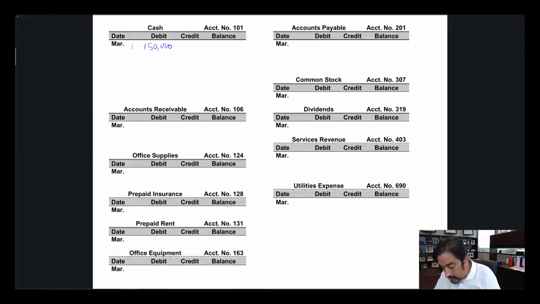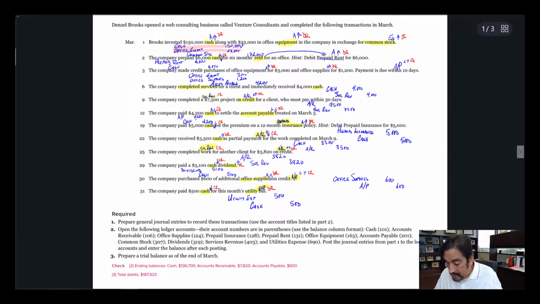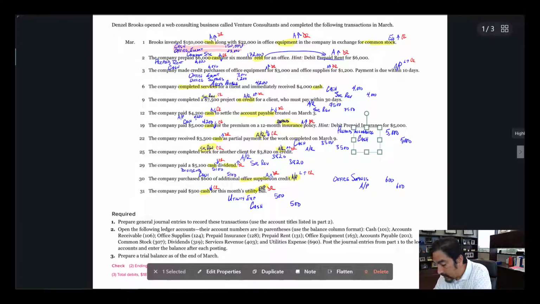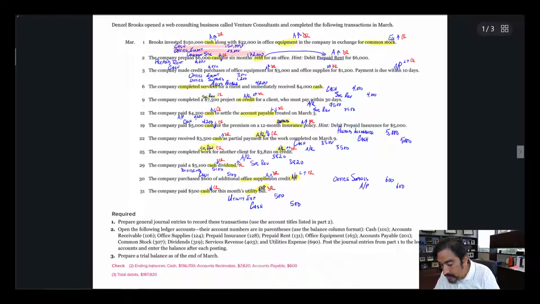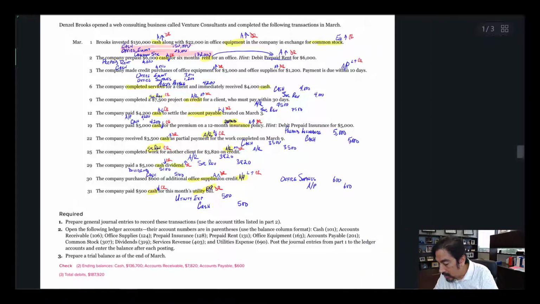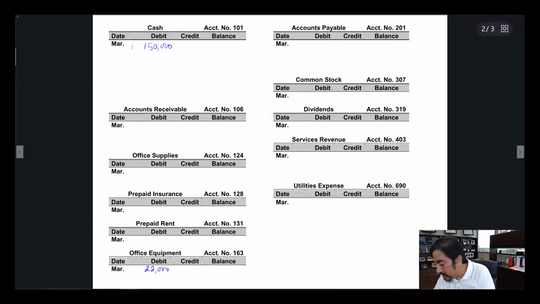So office equipment down here, $22,000. And then I've got a credit to common stock for $172,000. A credit to common stock for $172,000.